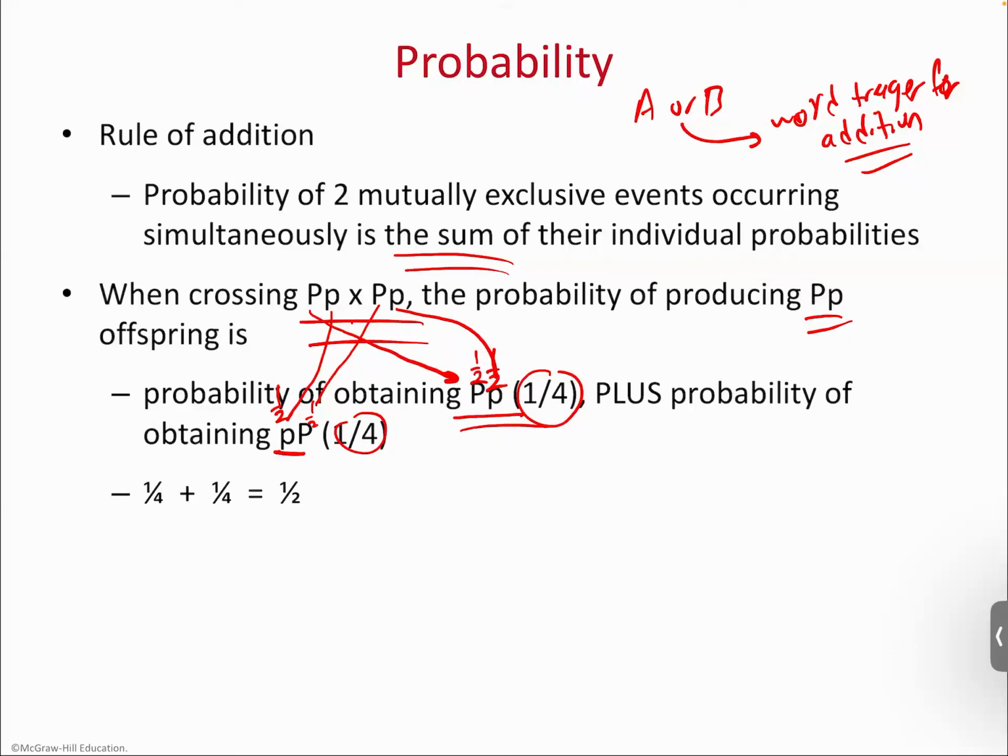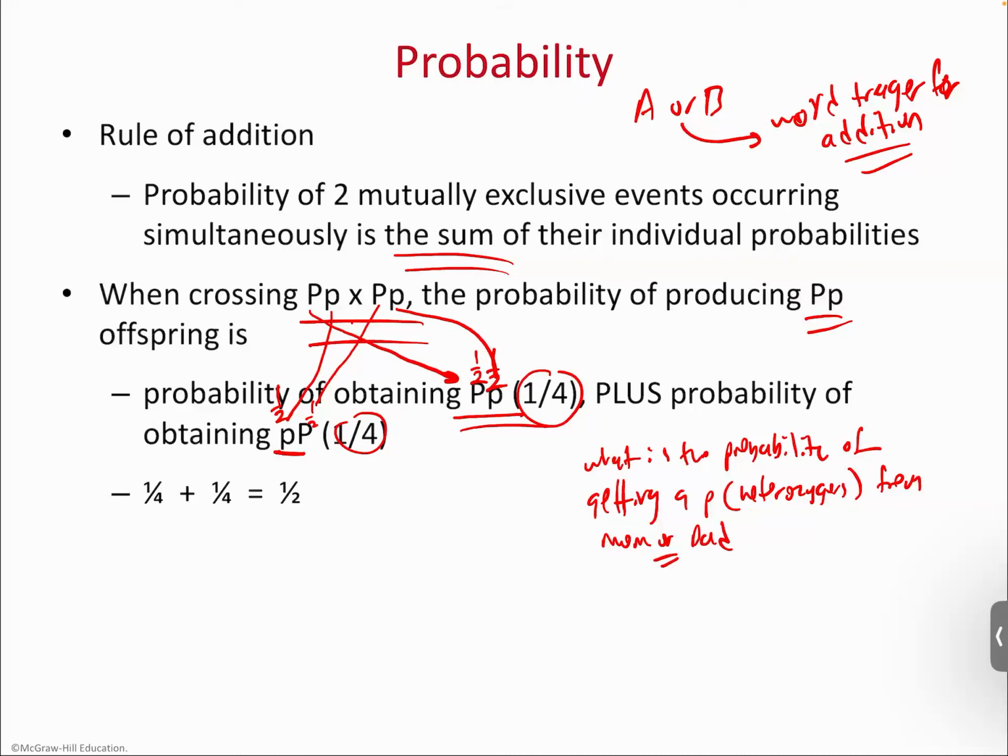So what you're asking is, what is the probability of getting a little p from mom or dad? And not a homozygote, but a heterozygote, a little p heterozygote from mom, or, there's our trigger, or dad. Well, you take the probabilities of the individuals, which is 1/4 plus 1/4, which means you've got a 1/2 chance.